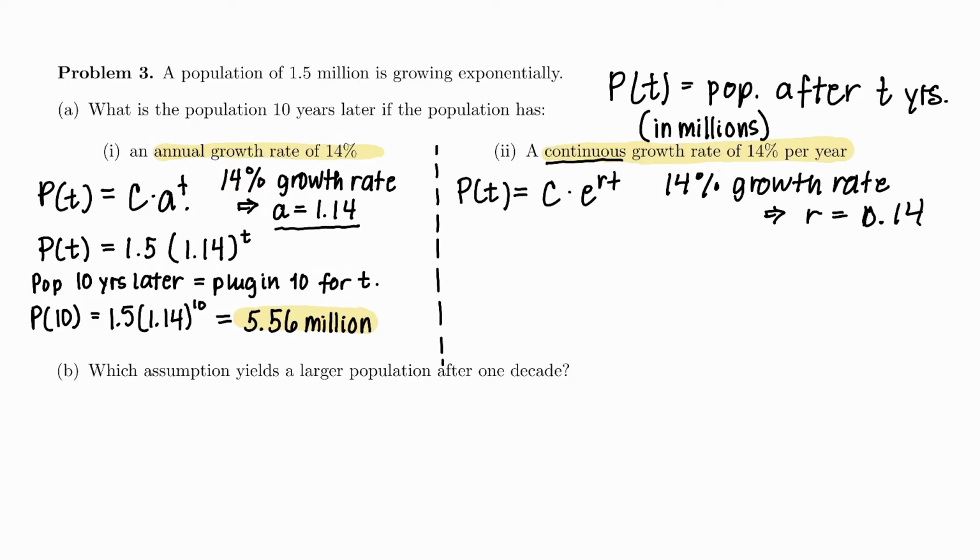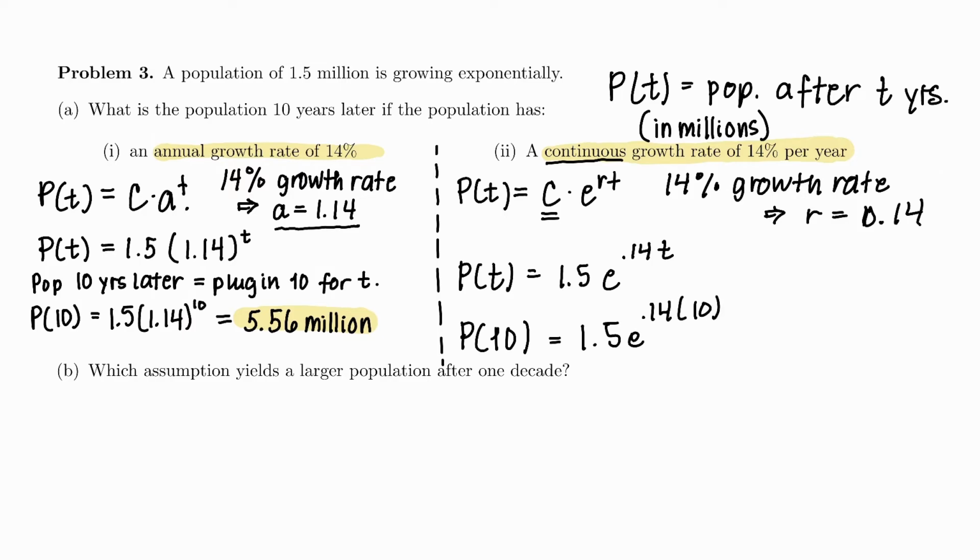So a is equal to 1 plus r. And again, our value for c is still 1.5. So we have that P of t is equal to 1.5 times e to the 0.14t. And just like before, to find the population 10 years later, we're going to plug in 10 for t. And when we do that, and you put it into your calculator, you should get something like 6.08 million people.